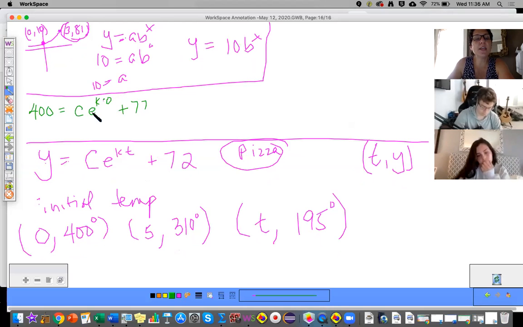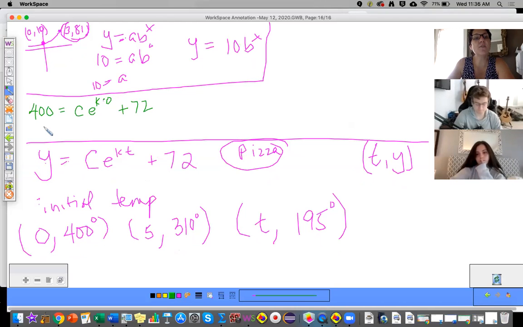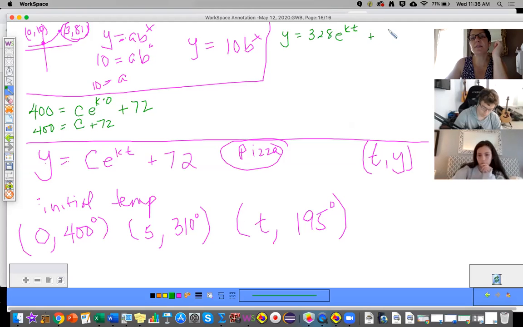K times 0 is 0, and e to the 0 is 1. So you get 400 is equal to C plus 72. And then Sarah subtracted 72 from both sides. So we currently have y is equal to, you said 328, honey, e to the KT plus 72.